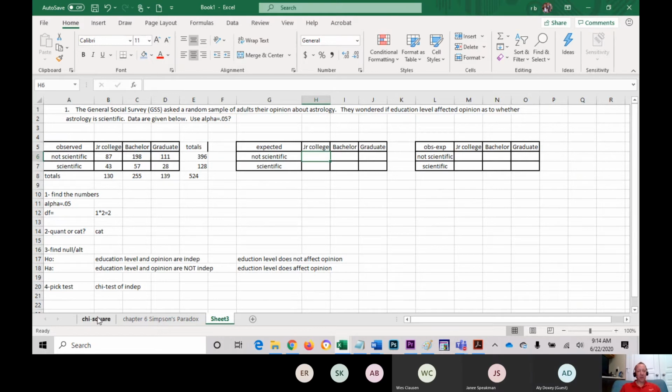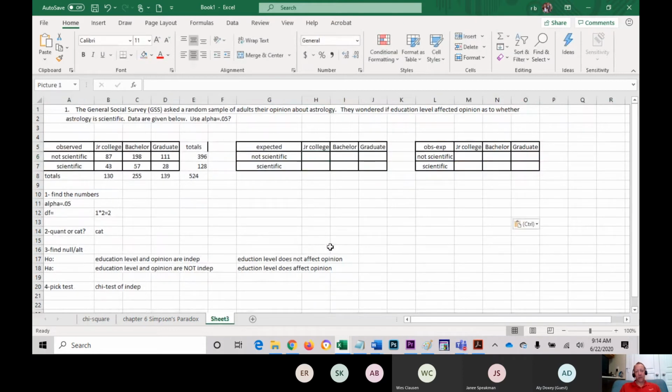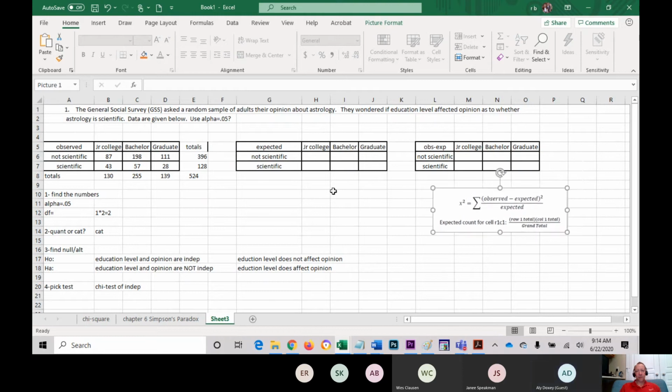Let me copy this over here so you can look at it. I'm going to make it a little bit smaller. For the first one, you take the total divided by... Before you start guessing, let me remind you.